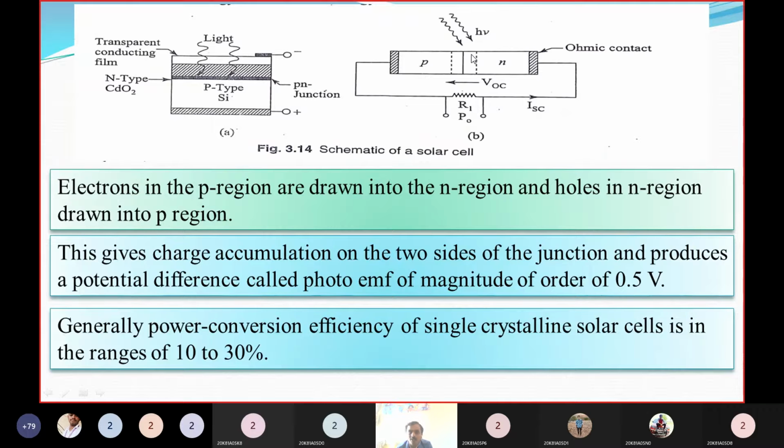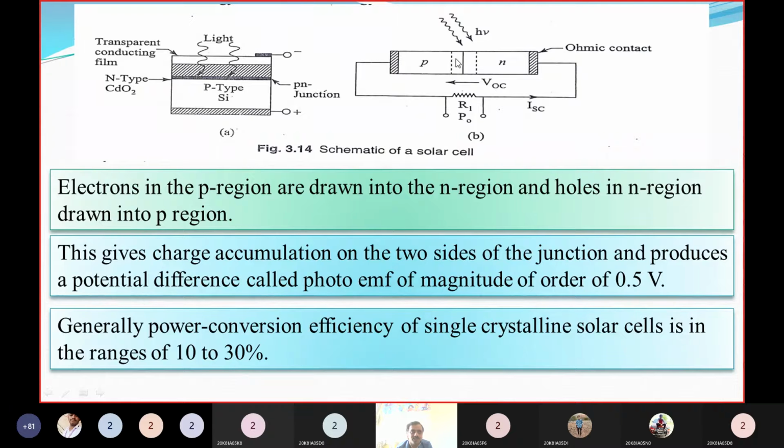Whenever an electron leaves this place, space charge polarization will occur, that means opposite charge will be formed. Similarly here, whenever a hole leaves from here to here, space charge polarization occurs.